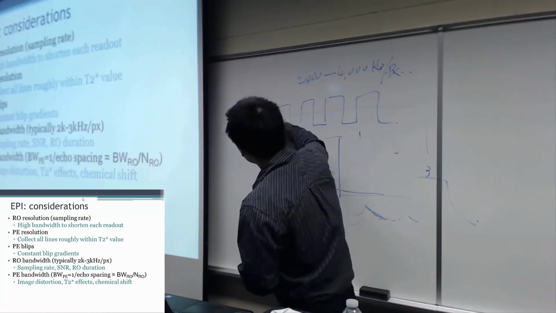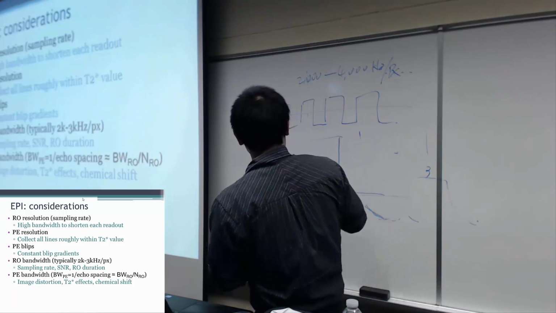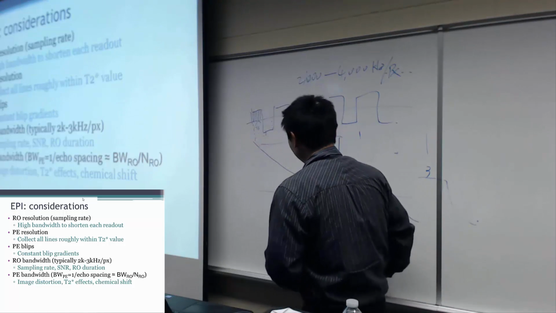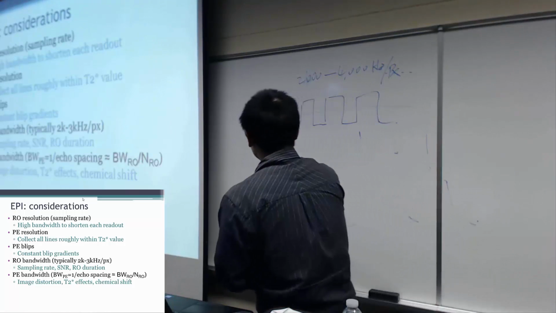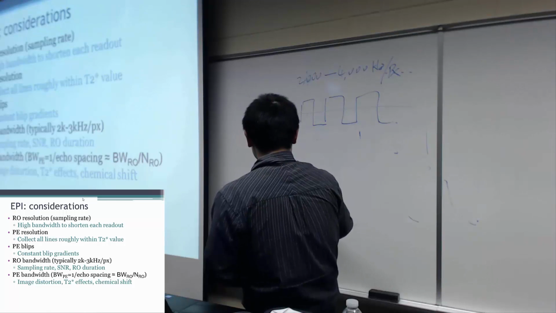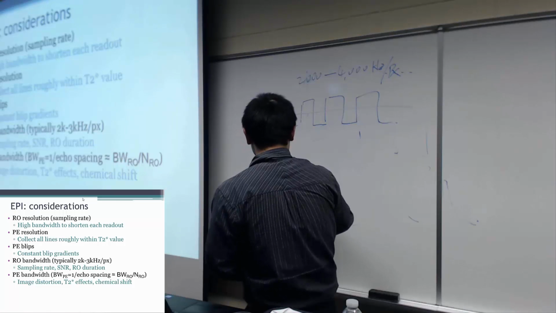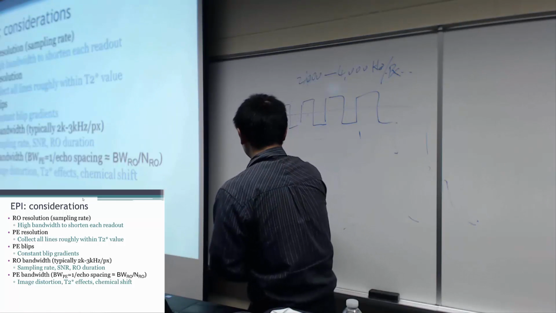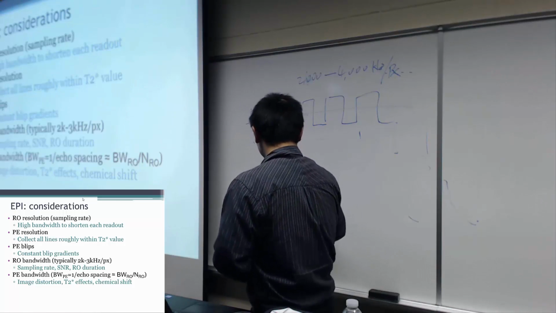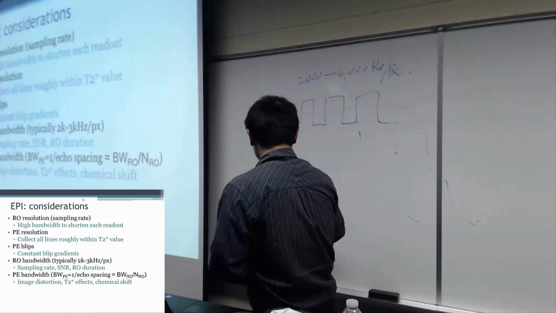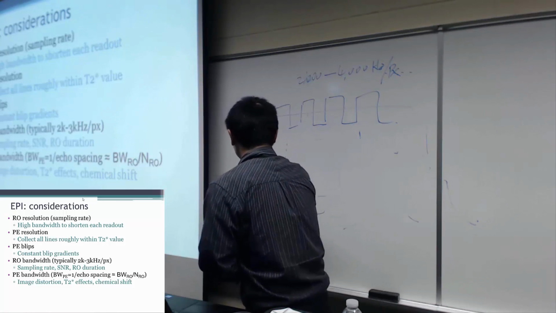So it's actually this way. The K space is, so this is KX and this is KY, right?